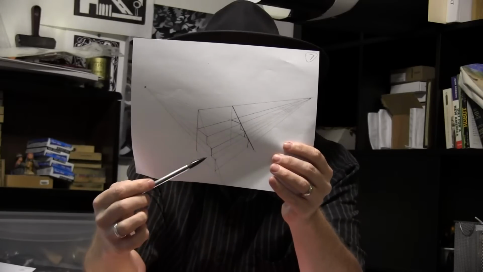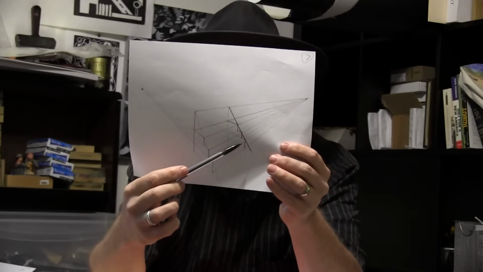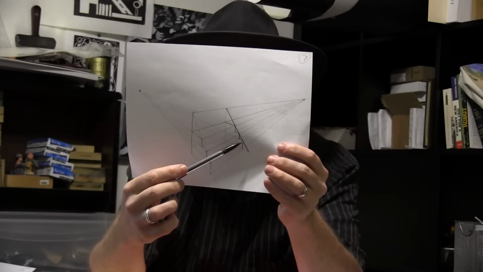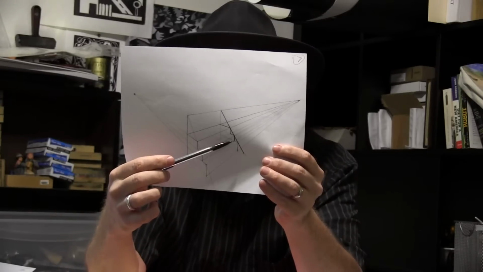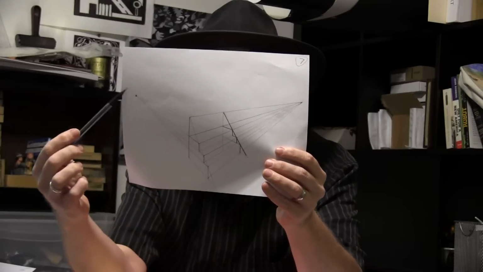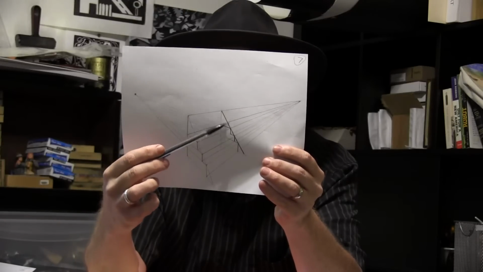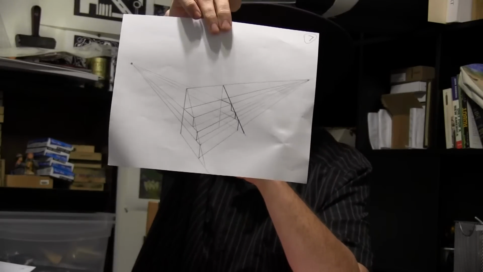Then, you see how this one's a vanishing point line? That means this one has to be a vanishing point line. It's not that long either. Just connect from the top of that vertical back to this vanishing point, then a vertical, then a vanishing point line, then a vertical, then a vanishing point line. And this slope is going to help you to know where to stop those. You can pause that and take a look at it.